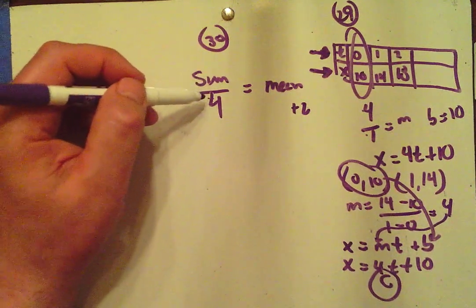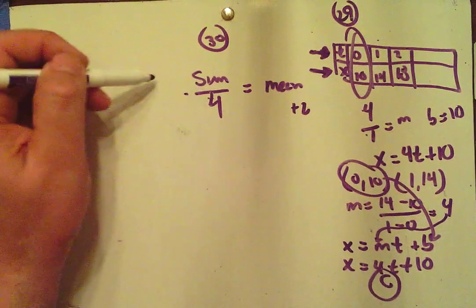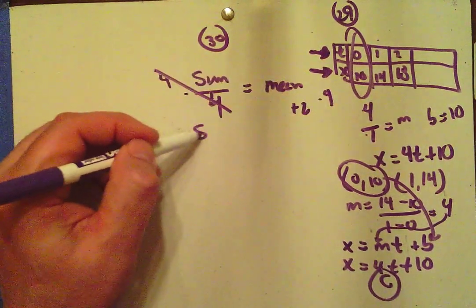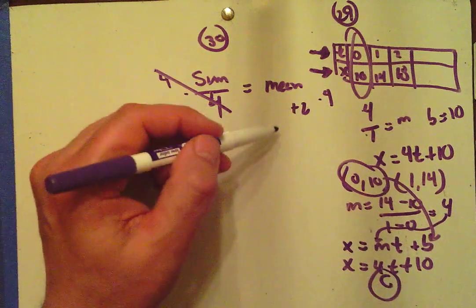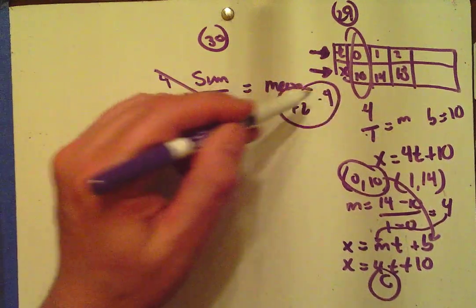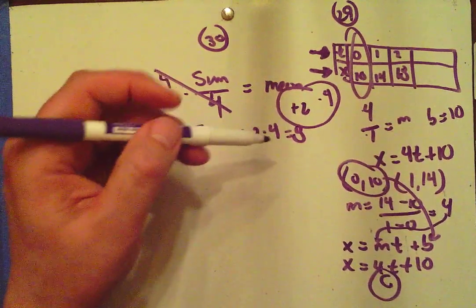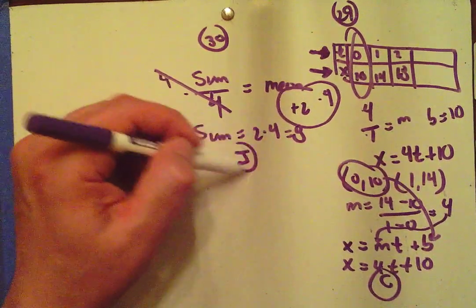Well, they're asking me to solve this equation for sum. Let's multiply by 4. And the sum would have to go up by 2 times 4, or 8. The sum of those numbers would go up by 8. Great.